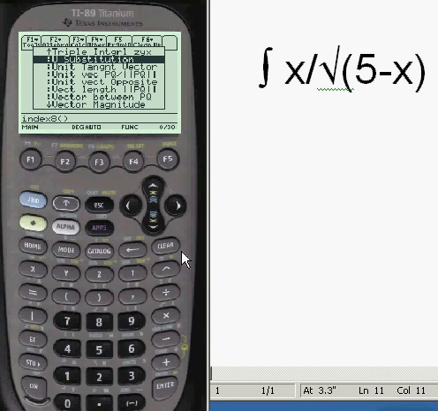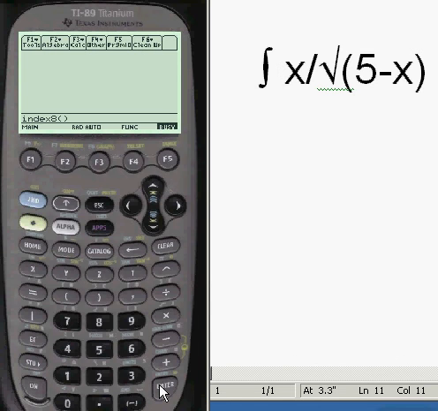So let's do this one, U-substitution. Some problems have secant in there, so I have this as an option, and if you get that, you can say yes or no. It takes you to a different section of the program. We're going to evaluate.